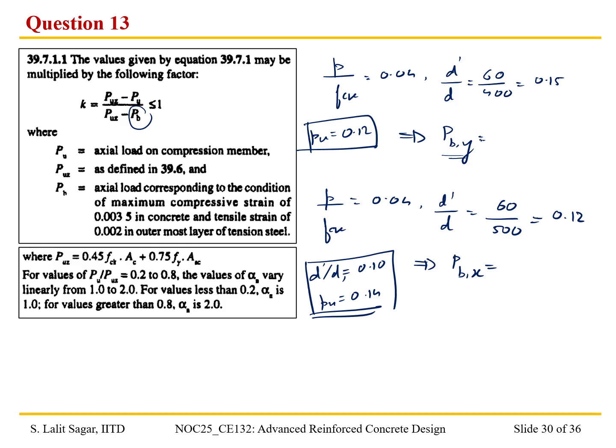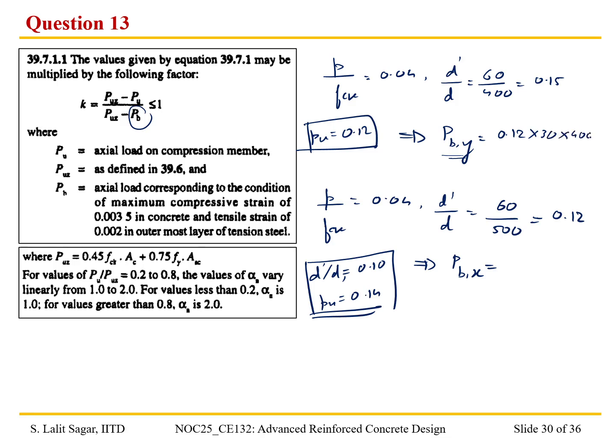So correspondingly, we have this PU by FCKBD is equal to 0.12 into FCK 30 into BD, right?